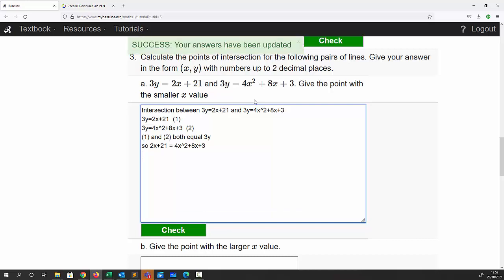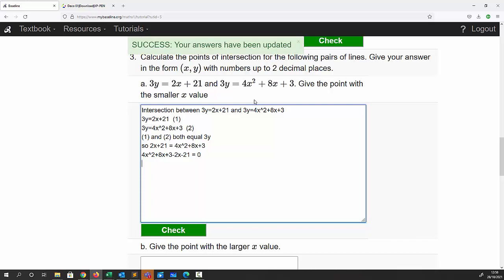Right, so now I'm going to move everything onto the left hand side, and I'll change the signs whilst I'm doing it, so just be careful here and make sure you know what I'm doing. So I'm doing 4x squared plus 8x plus 3 minus 2x minus 21 is equal to 0.